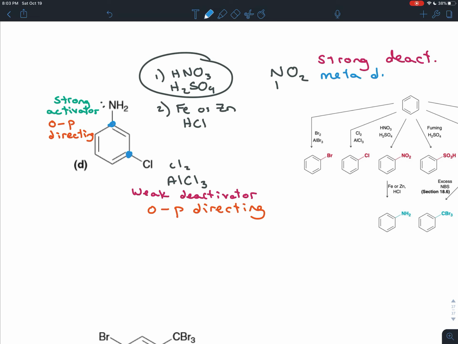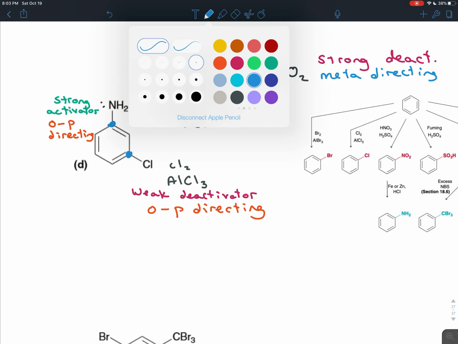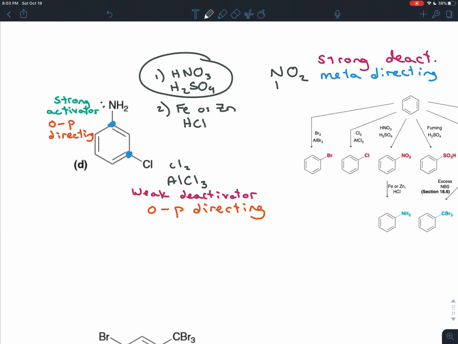But importantly, it is a meta director. So we'll need to first add the NO2. Then, once we have that meta director on, we'll add the chlorine. And then after we have the chlorine on, we can finally reduce the NO2.